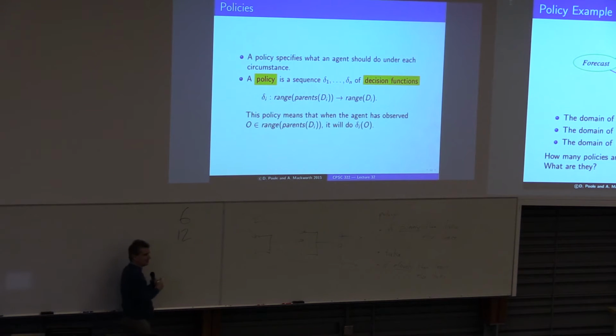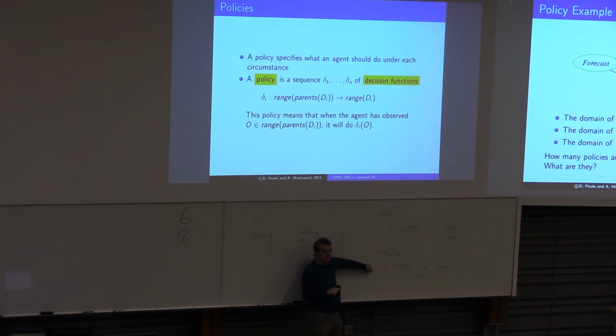Someone thinks it's 12. Why is it 12? Because you can have 2 of the forecast variables. Yeah. What else might it be? Well, no, here's 3, at least 3 policies. No, there are more than 3. Here are 3 possible policies.